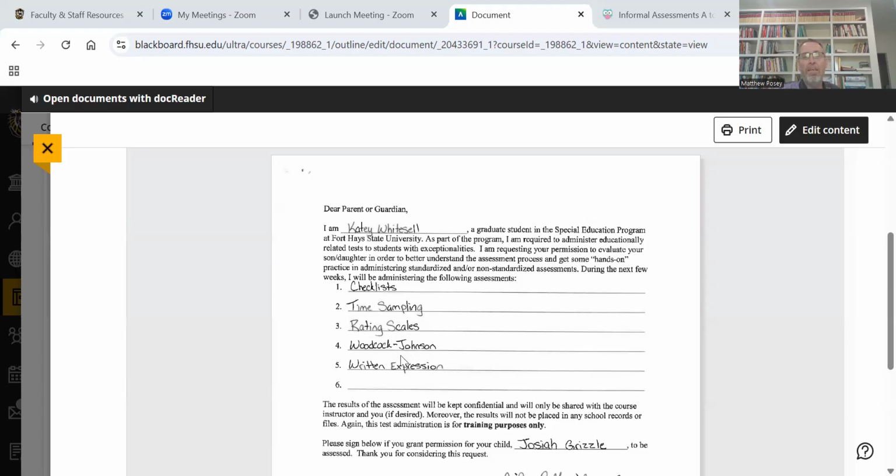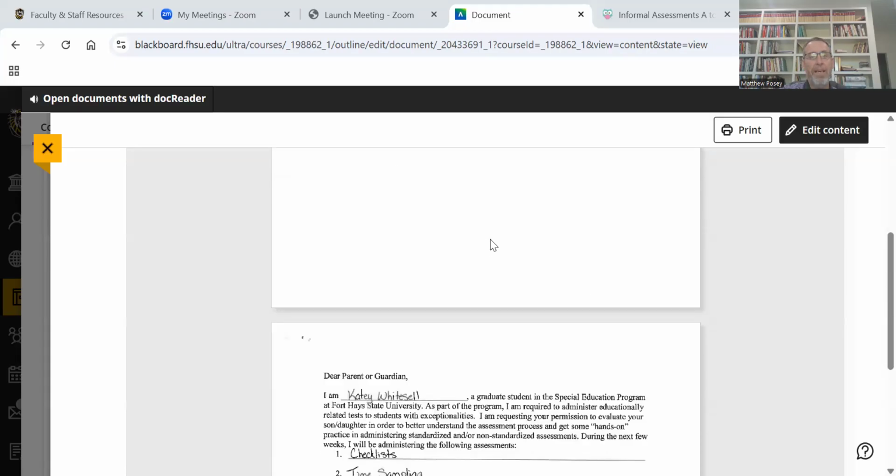And then for the CBM, they focused on written expression. Each time, even if it is the same case study student, make sure you submit the updated permission form. That permission form is found in the 805 resources folder. I just want to make sure that you guys include that.